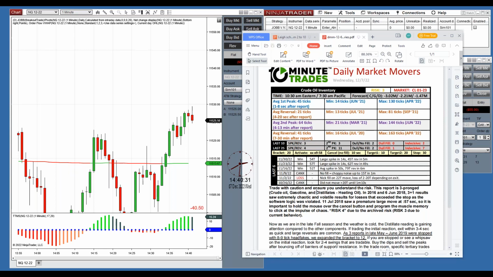What is a stop? A stop is a price level that, if your trade goes the way you didn't expect, you put on the chart to get taken out of the trade. It's an amount you're willing to lose in the trade, okay? So a 30 tick stop in oil, oil by definition is $10 a tick. So you're risking approximately $300 on that trade per contract.